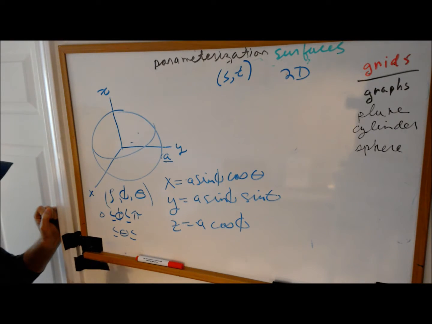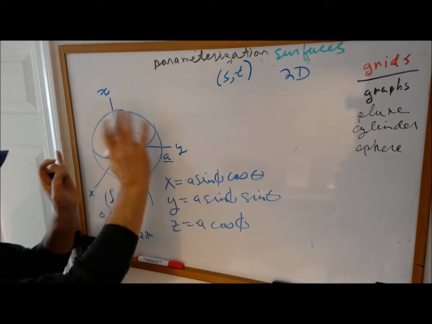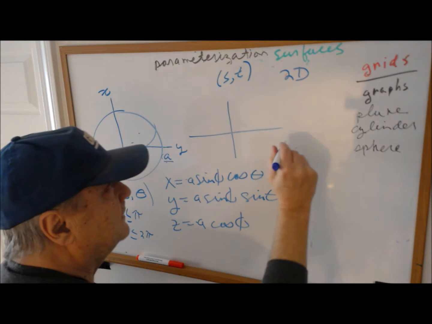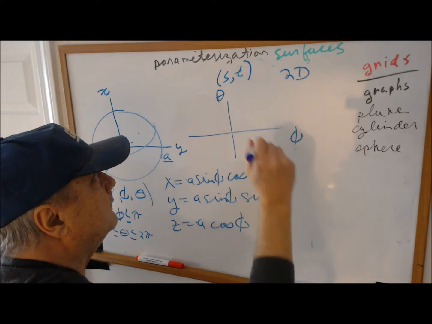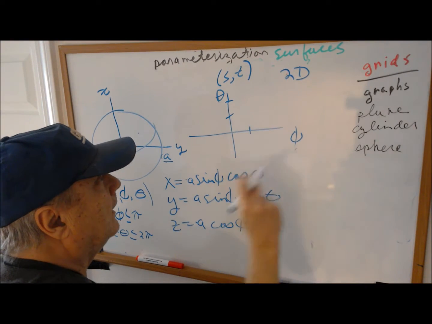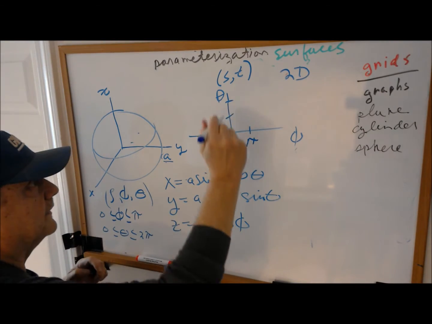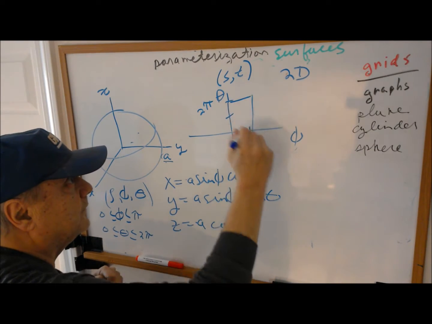So theta goes from 0 to 2 pi. So in a picture, s and t are really phi and theta. And phi again goes from 0 to pi. And theta goes from 0 to 2 pi. So it's rectangular.